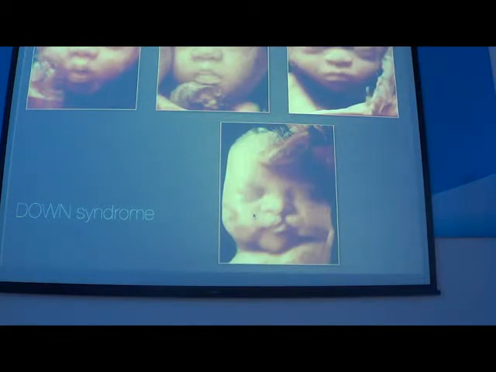But if you try to do the same at 22 weeks, it will not work.